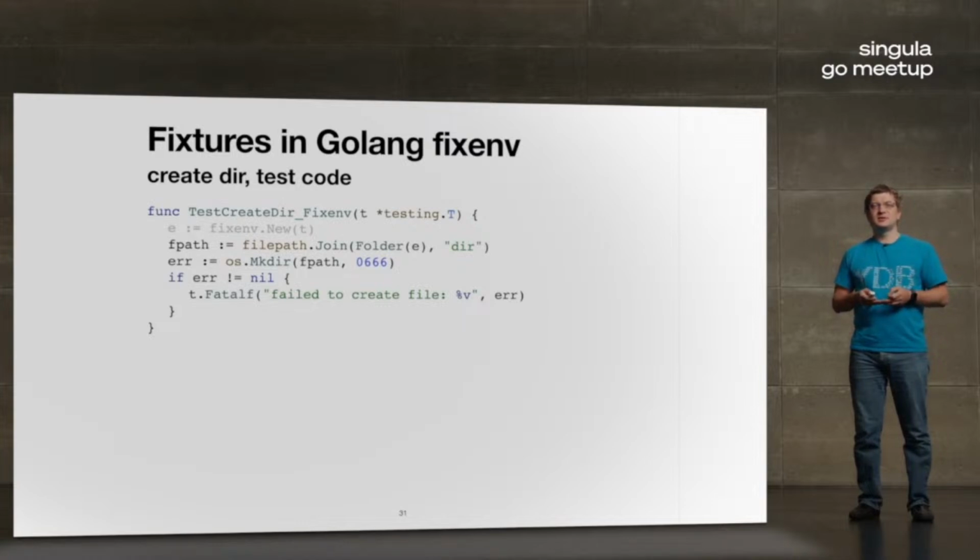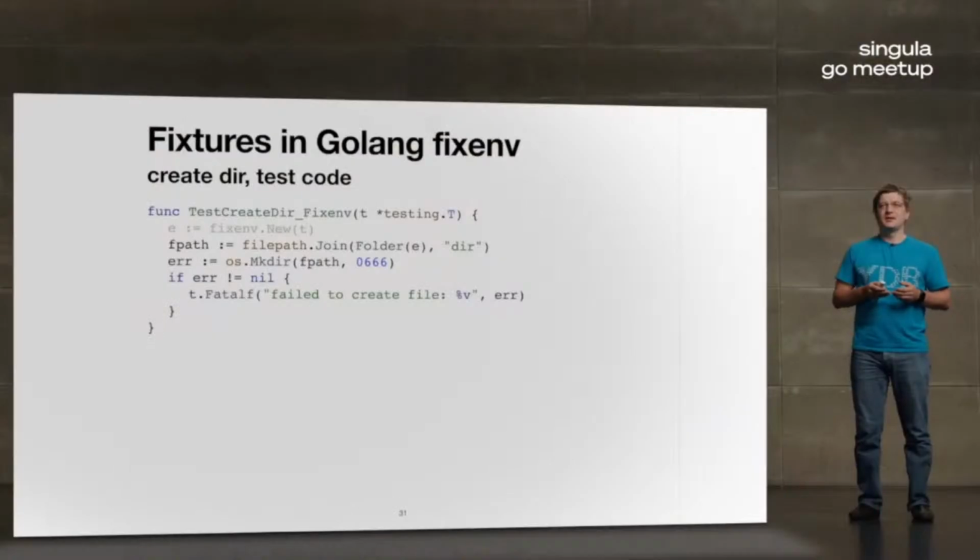The function folder is a fixture. When the fixture is called the first time, it will create a directory and return the path to the created directory. The path will be returned only if the directory is created successfully.